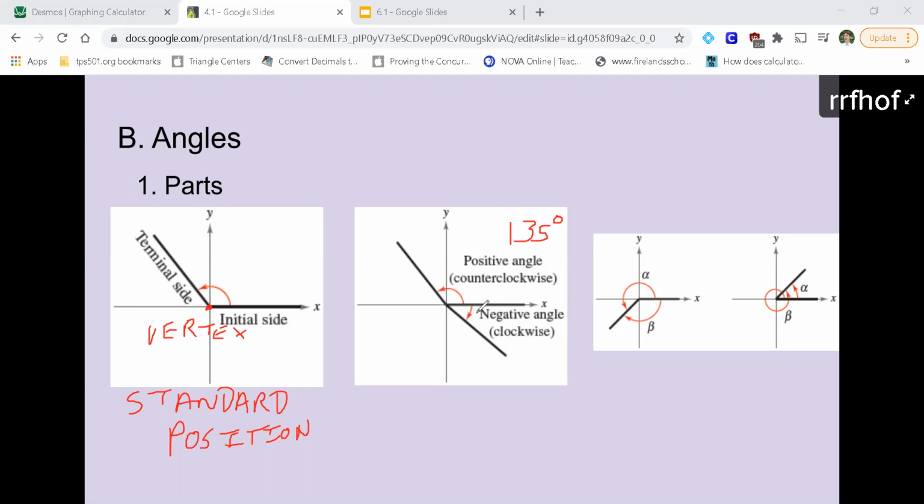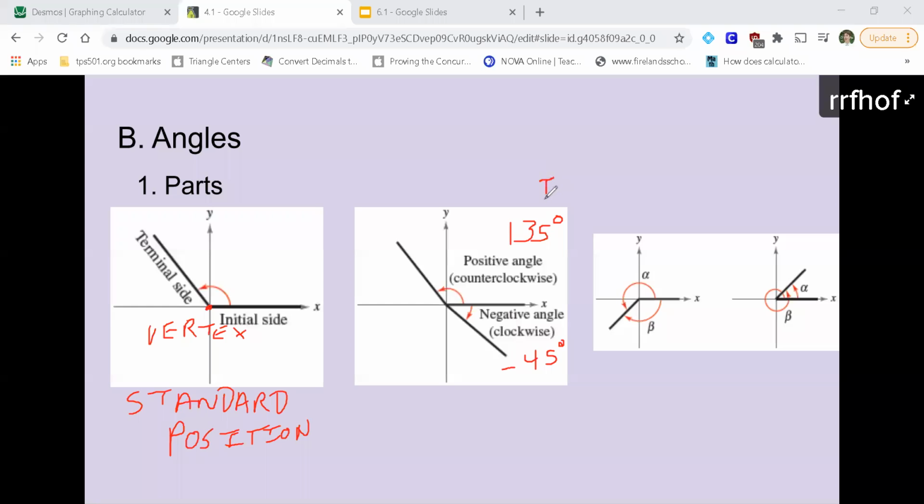However, you can also describe an angle using negative angles if you imagine that your angle is turning clockwise. So this would be an example of a negative 45-degree angle. The easy way to keep those directions straight is by the quadrants.